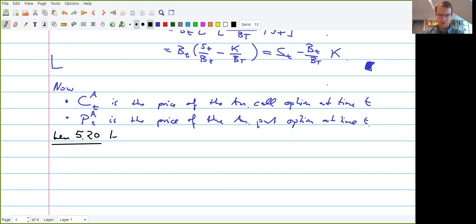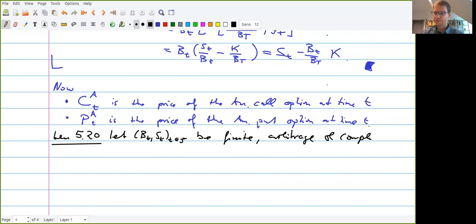Let me make it more precise. We assume we have an underlying market, which is assumed to be finite, because I want to have access to my fundamental theorems. It's arbitrage free, otherwise it's useless. And I want it to be a complete market. Cool.